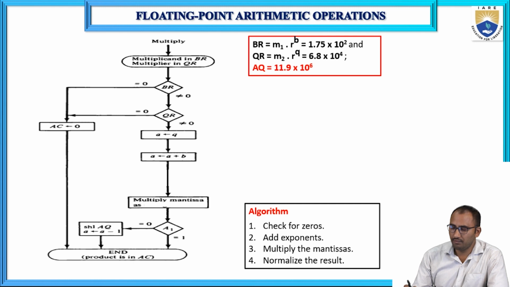For better understanding, consider the floating point numbers BR and QR. BR is equal to 1.75 times 10 power 2, and QR is equal to 6.8 times 10 power 4. The BR register is represented as M1 times R power b, where the exponent of the BR register is small b, and the exponent of the QR register is small q.